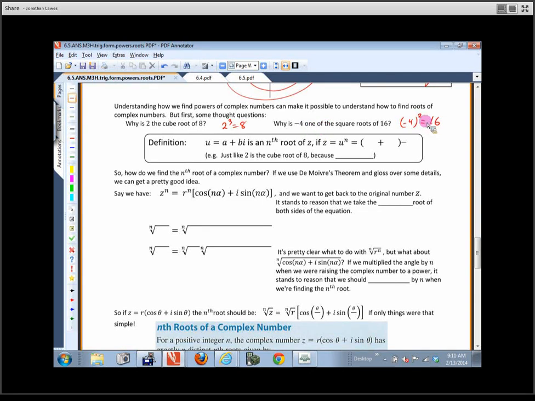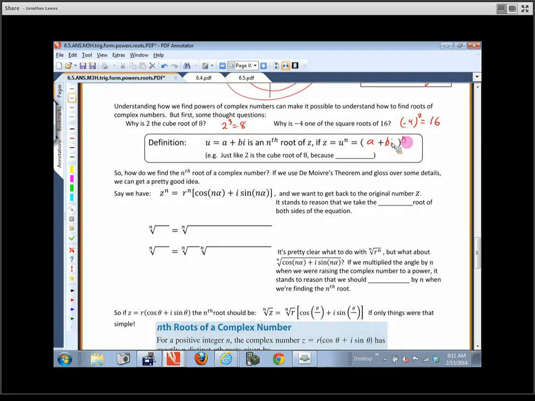So we need to understand that definition so that the idea of the root of a complex number can make sense. If I've got u equals a plus bi, a complex number, and that's the nth root of z, so it's kind of like saying 2 is the cube root of 8, then u to the n would have to be a plus bi raised to the n.